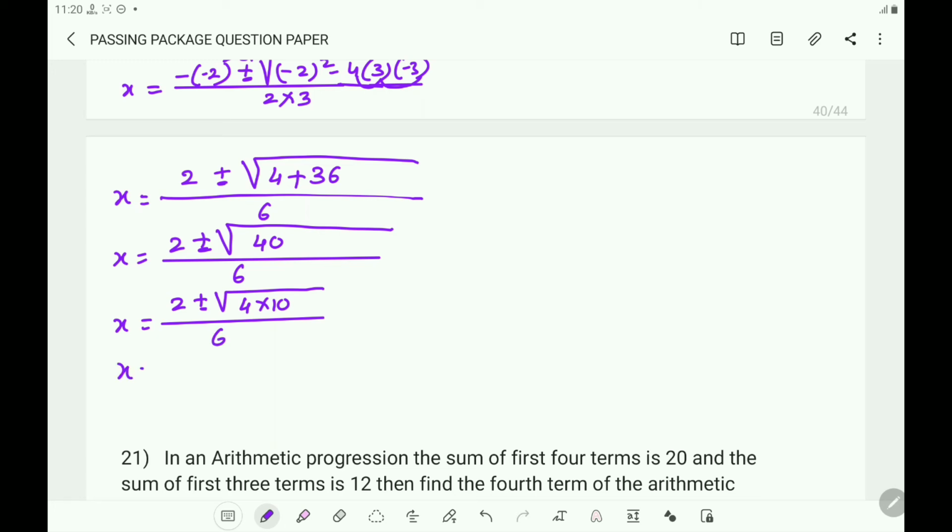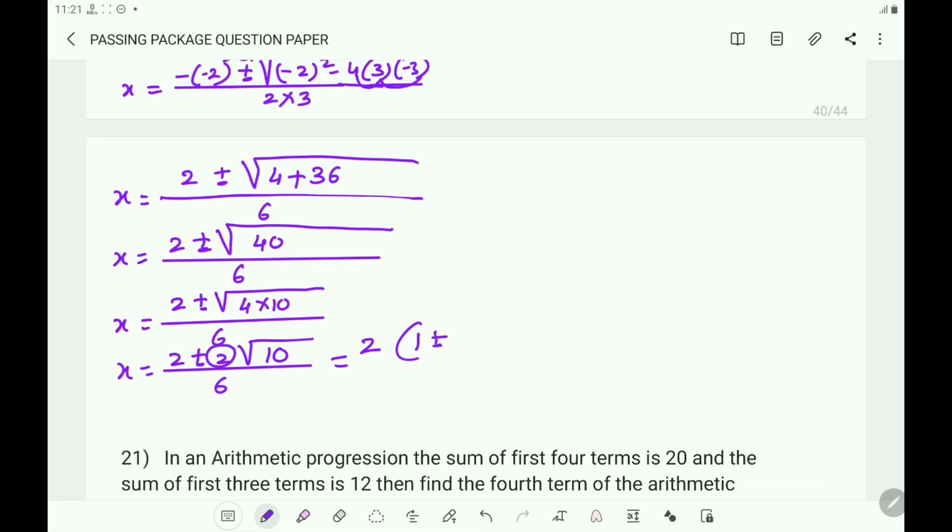So you write x equals 2 plus or minus, what is the square root of 4? 2 you can write. 2 root 10 by 3. That equals by 6. Because here 6 is there. So write that equals 2 you can remove as a common. 2 into, here what is remaining? 2 is outside means 1 plus or minus.